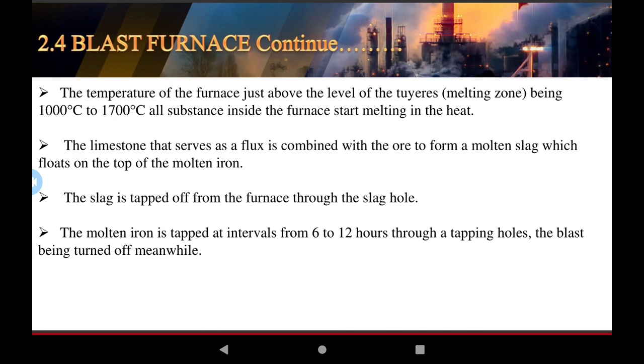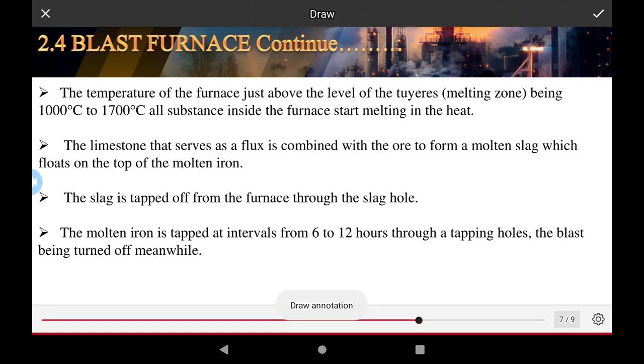In the blast furnace, the temperature just above the level of the tuyeres, the melting zone, ranges from 1000 degrees Celsius to 1700 degrees Celsius. All the substances in the furnace start melting in the heat.